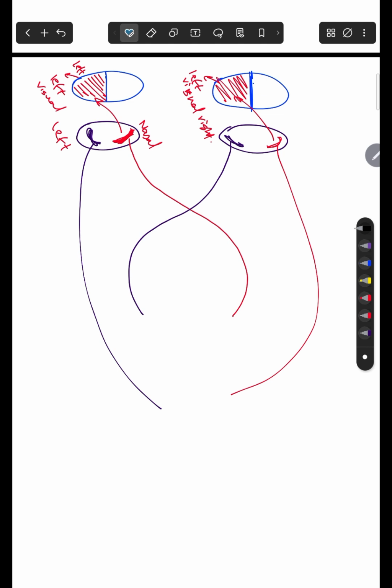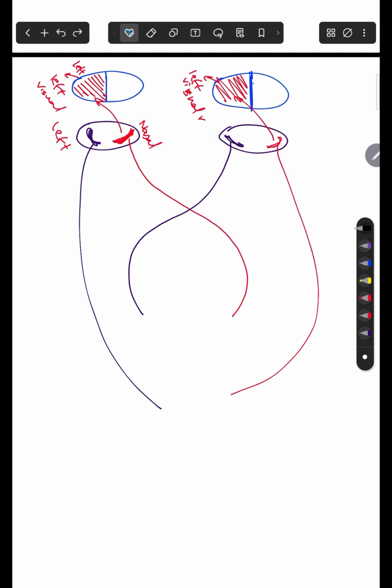And then the other way around. The temporal side of the left eye sees the right visual half, and the nasal side of the right eye sees the right visual half. Now that we see what sees what, we can figure out how the lesions would present themselves.